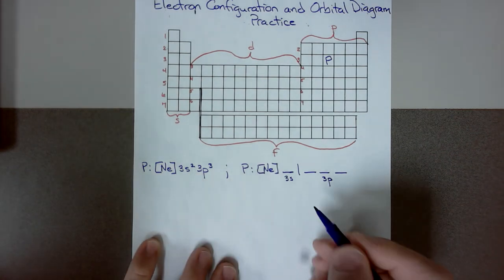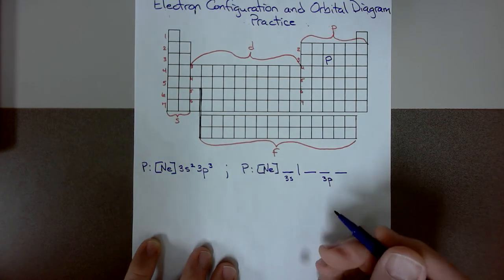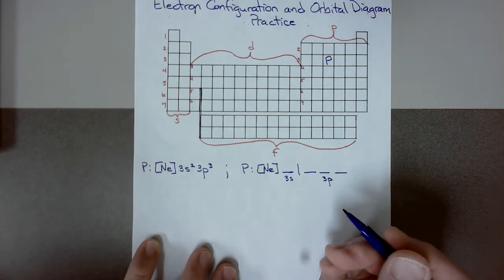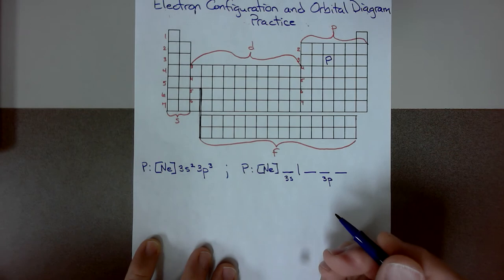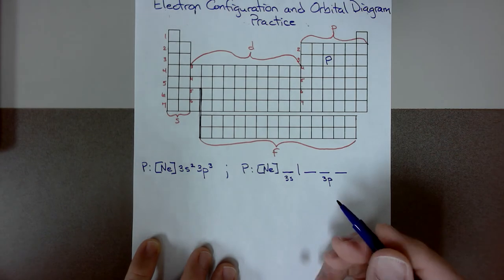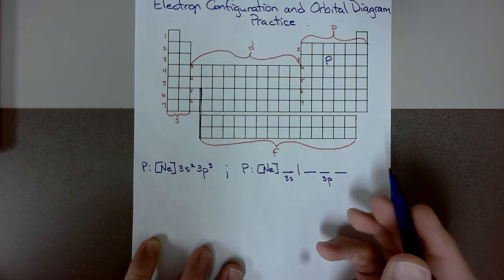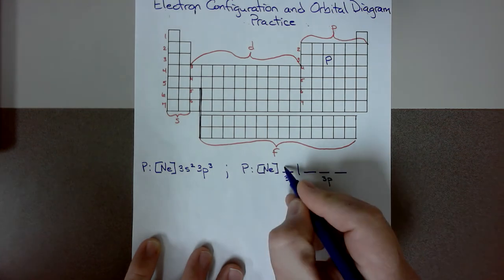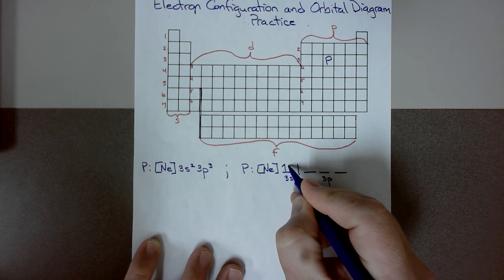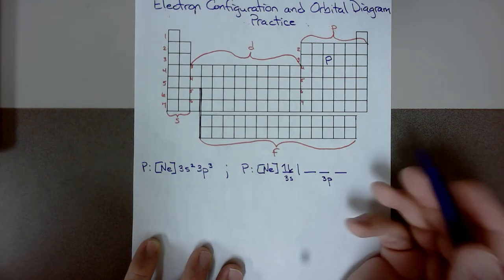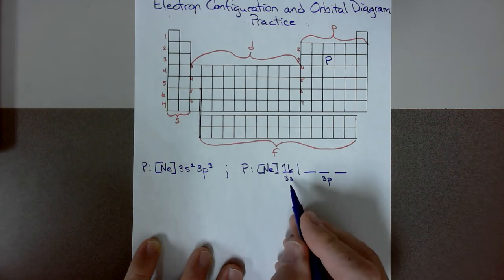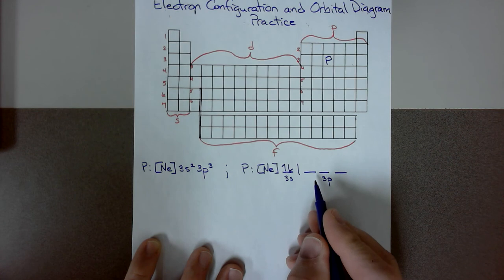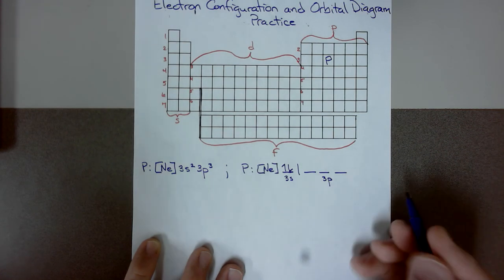So when I look at this, the Pauli exclusion principle says that you can only fit 2 electrons in each orbital if they are in opposite spin. And the maximum you can fit in each orbital is 2 electrons. So I have an electron of 1 spin and then an electron of the opposite spin. So I filled the S sublevel, and now I move up to the P sublevel with the P orbitals.